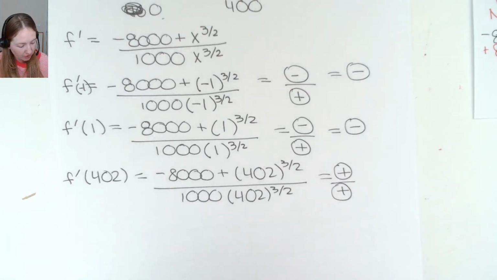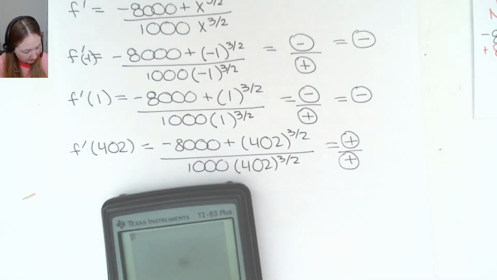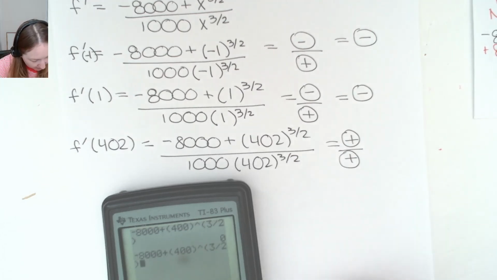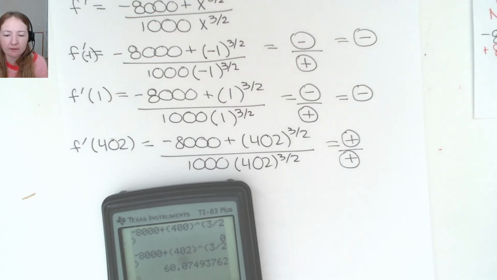Again, as always, just really be careful with the plugging in here, the negative 8,000 plus 400, and then make sure you caret and then parentheses 3 divided by 2. Make sure you put parentheses around that exponent. And again, I'm not plugging in 400, I'm plugging in 402, and that's going to give us a positive.